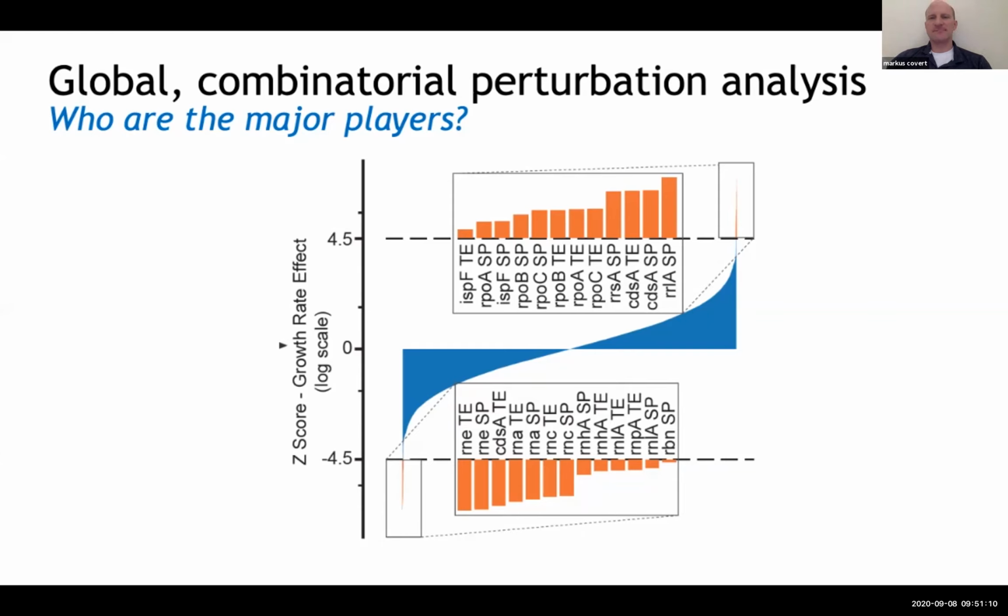Then we looked to see which genes consistently showed up in the simulations that had a major growth rate effect. And these are the ones, you're looking at them both on the top and the bottom. If you know your genes, you'll see that virtually all of them are either RNA polymerase or ribosome gene expression. That's not unexpected, that's something you would expect.